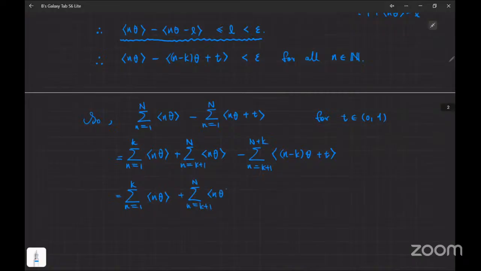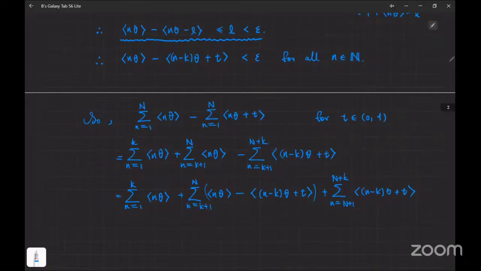So I have the sum of n theta minus (n minus k) theta plus t, plus the summation from N plus 1 to N plus k of (n minus k) theta plus t.